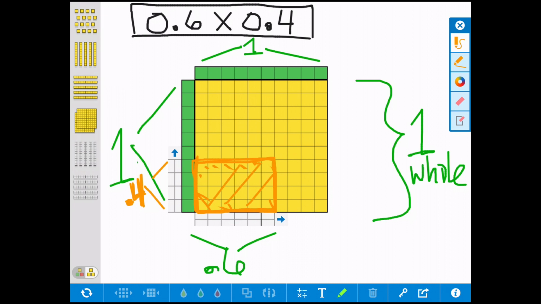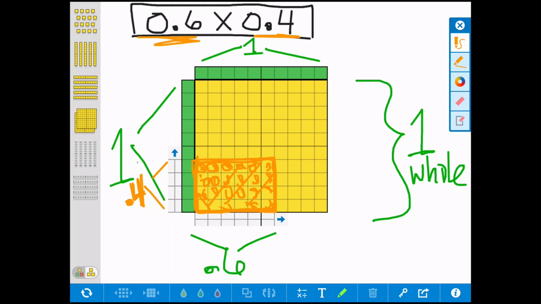All right, so there is my rectangle that represents 6/10 wide, 4/10 high, or tall, I guess. Now when we look at that, we can see that there's going to be 24 little squares. So this area is these 24 little squares.